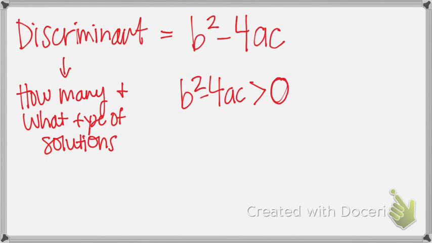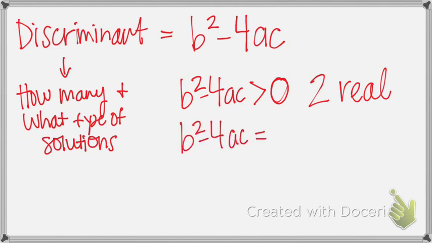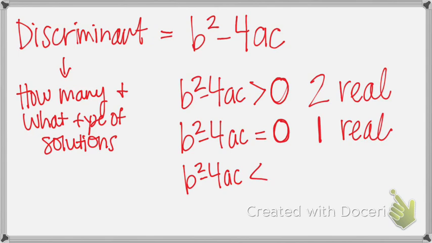Positive. So that means we have 2 real solutions. If the discriminant equals 0, how many real ones do we have? 1. If it is less than 0, how many? 2 non-real.